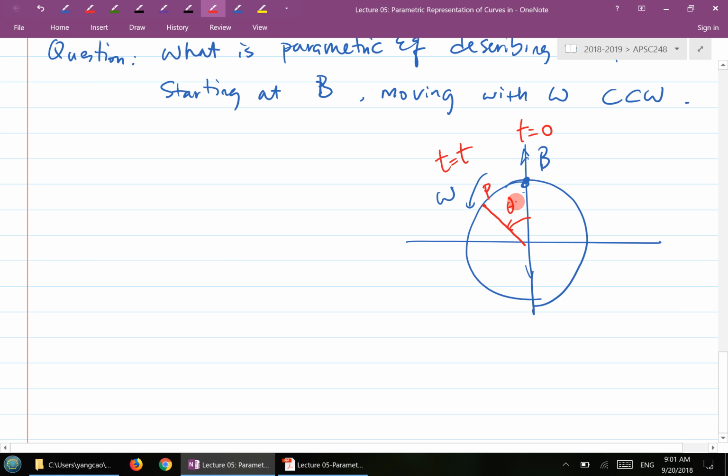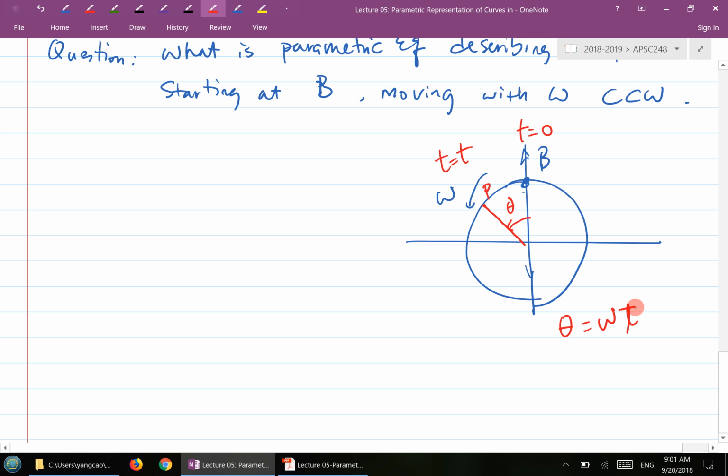Just this portion, the theta, from here to here. You started here, moving to the point P at a constant omega after a t amount of time. Not WT, omega t. So theta here is omega t.